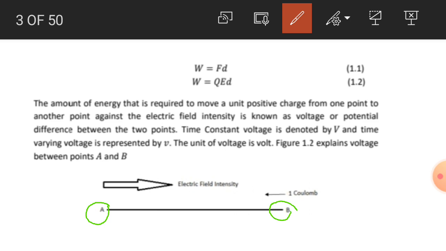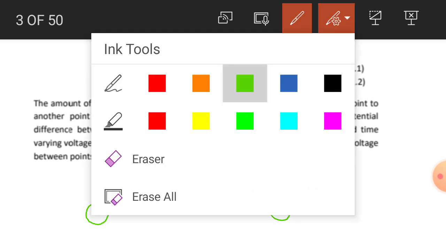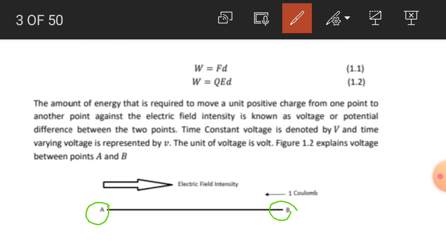In order to calculate it, we move a unit positive charge, that is a charge of 1 coulomb, from the initial position B to the final position A against the field.